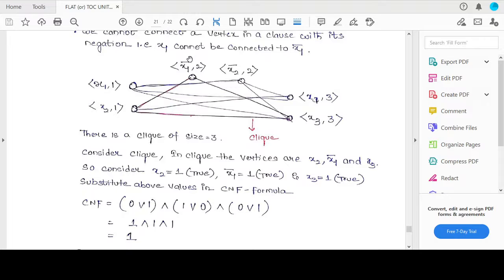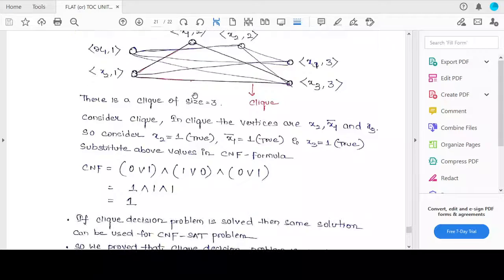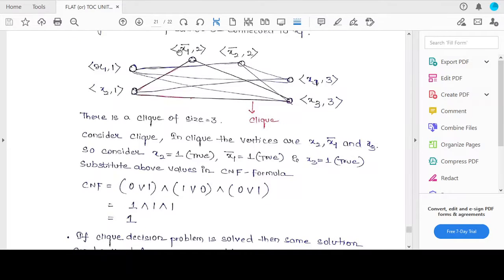We solved this clique decision problem, and the vertices that we got are x2, x1 bar, x3. If we substitute the solution of the clique problem in CNF, the CNF problem will also get solved. So let me substitute the result of this clique problem into the satisfiability problem so that we get a result for the satisfiability problem too.